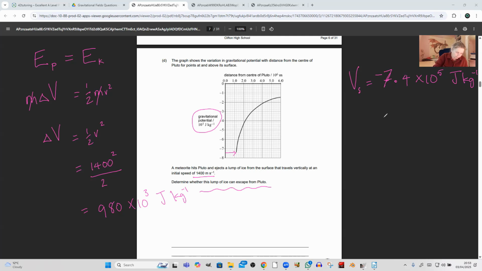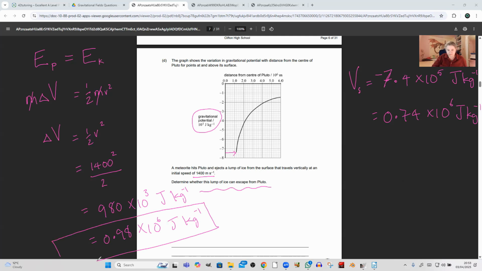No, I want to go the other way. Okay, so this is 0.98 times 10 to the 6 joules per kilogram. And this, can you see, 10 to the 6 would make it 0.74 times 10 to the 6 joules per kilogram. Okay, can you see that this one is bigger than this one? Which means it would leave the surface. It would escape.